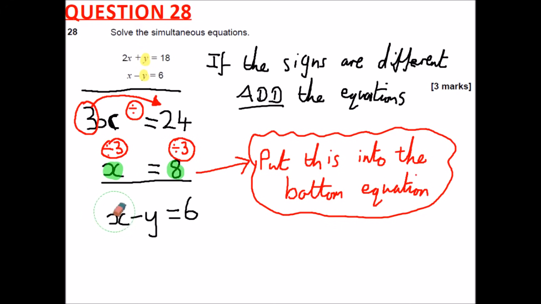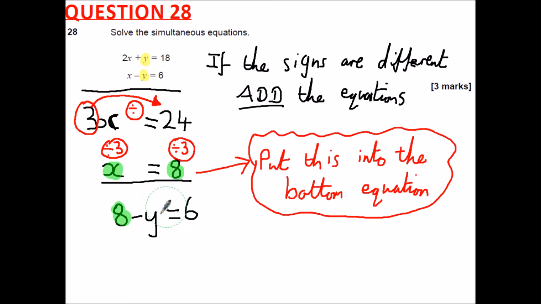And so we can substitute this value for x. So we're going to take away the letter x and put in its place what the value of x is. X is 8. And so we're going to put in the value 8. 8 take away y, whatever y is, equals 6.